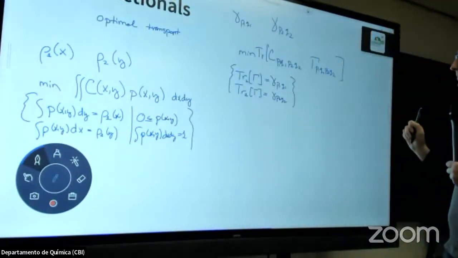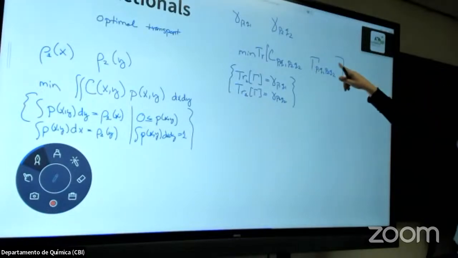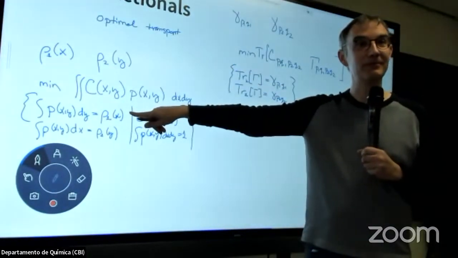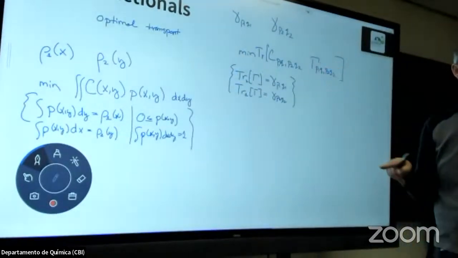Okay. I've been sloppy with my indices and everything, but the goal is to say that this is the analog of this, okay? So all I did is I replaced variables with matrix indices.